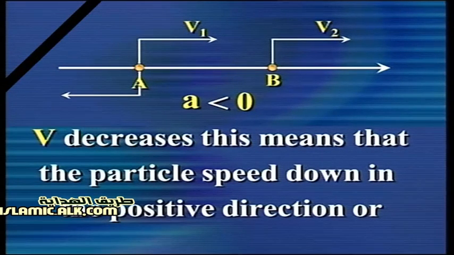Look, dear student, we have two cases of acceleration. Acceleration is positive, or more than 0. In this case, v increases, motion up. But when acceleration is smaller than 0, then v decreases.